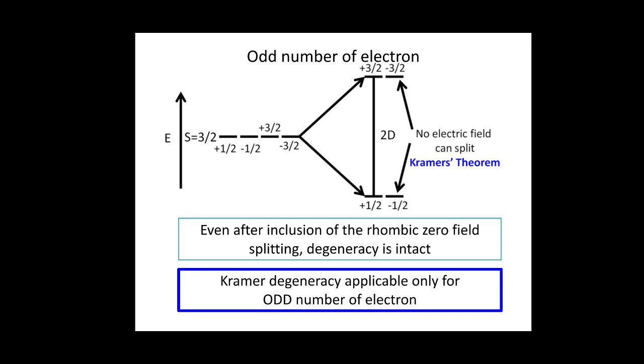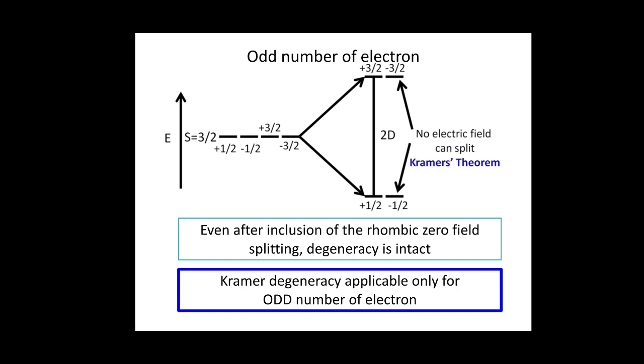But then when you include zero field splitting, this 4-level set gets split. Here also you can use both positive and negative D. Here I have used positive D, that's why the plus 1/2 and minus 1/2 go down, and plus 3/2 and minus 3/2 go up.